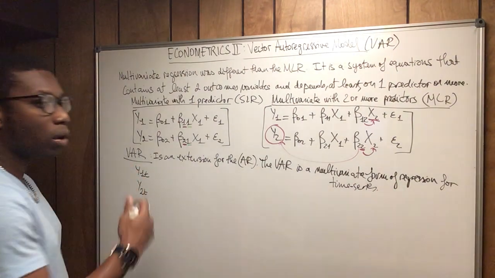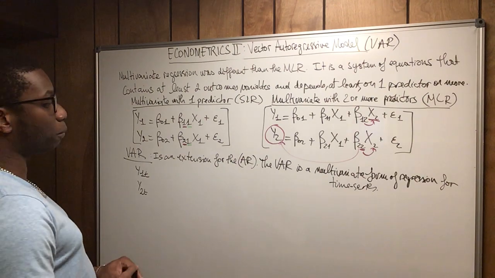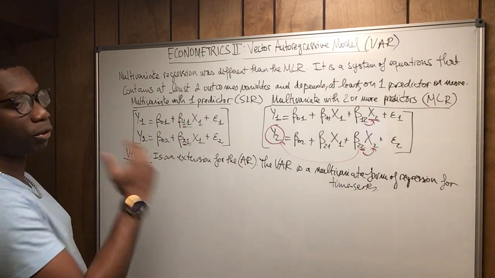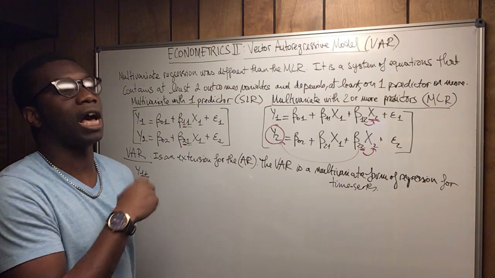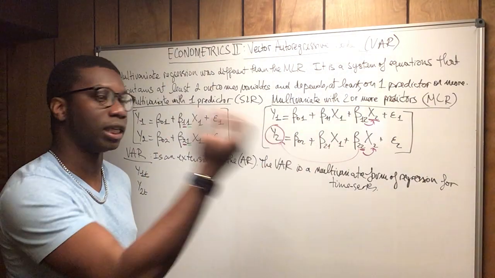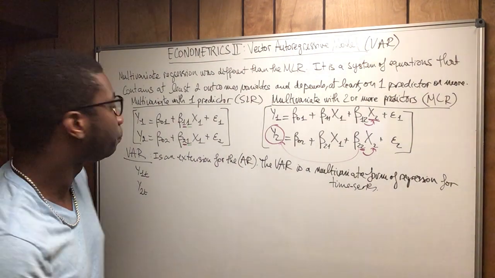So we have y1t and y2t. The VAR goes from the principle of the autoregressive model, where we use the previous values of the output variable to predict or forecast the future value of that same output variable.